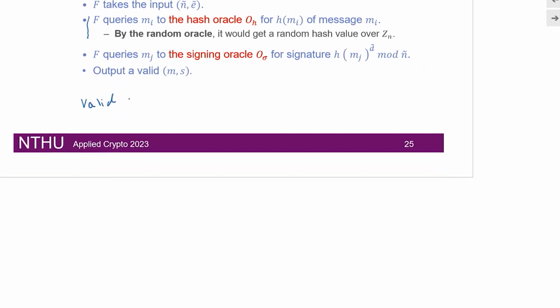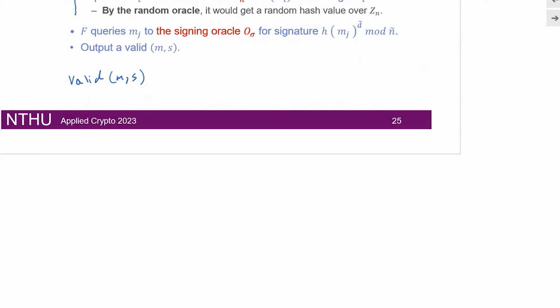Let me make it clear. A valid pair (M, S) requires that M should not equal any of those messages M1, M2, all the way to ML, that were queried to the signing oracle.